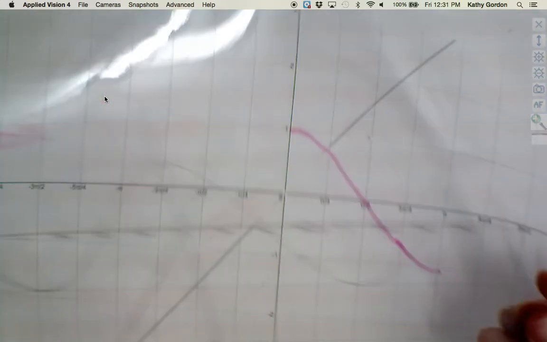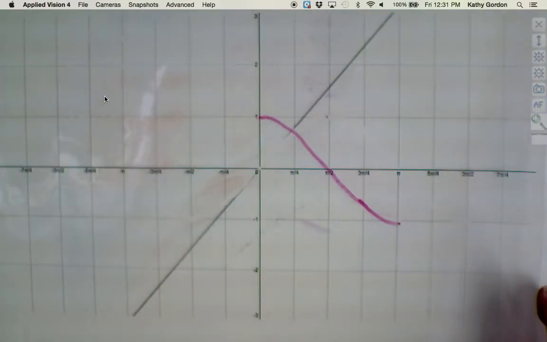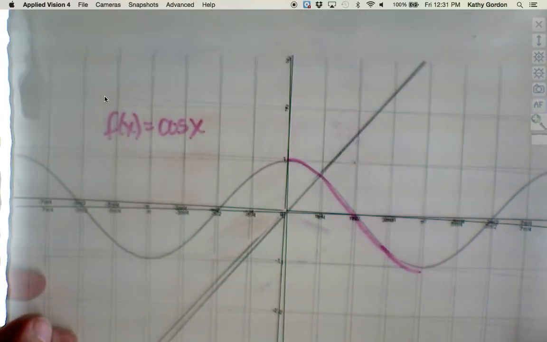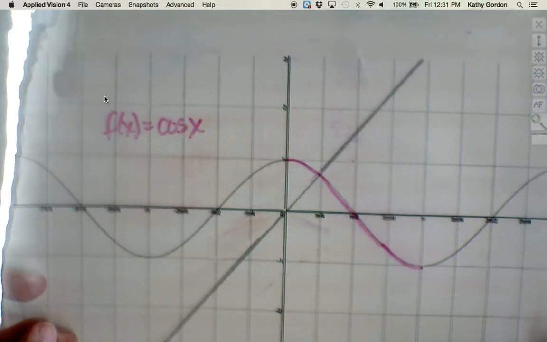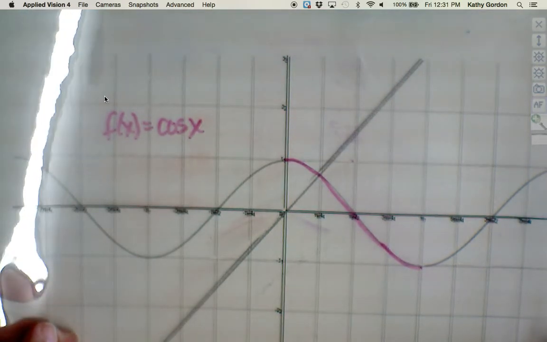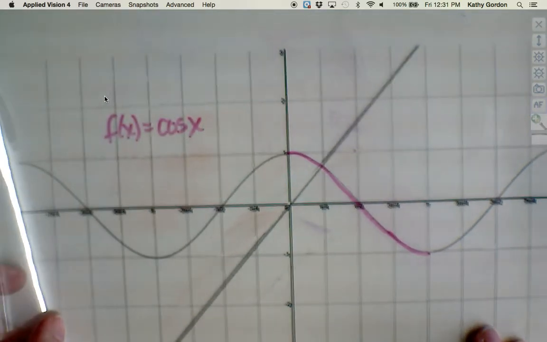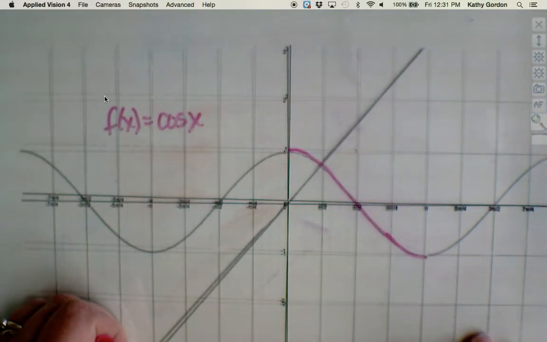Okay, so we're saying this piece passes the horizontal line test. Can I include any more than that and still pass? No. Okay, so I've got as much as I can have and still pass the horizontal line test. The other thing to keep in mind is this is not the only piece that would pass.